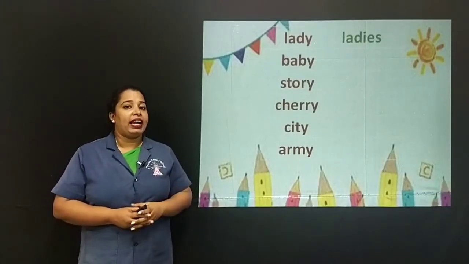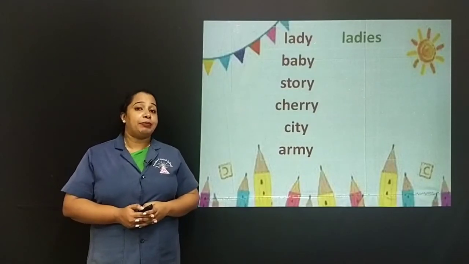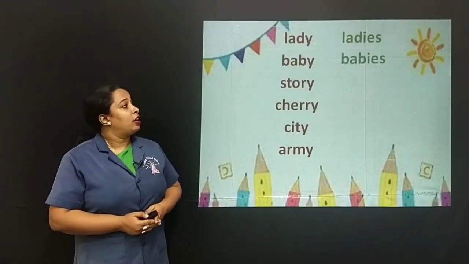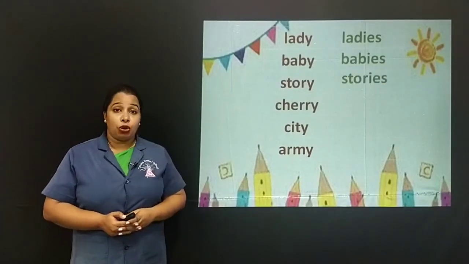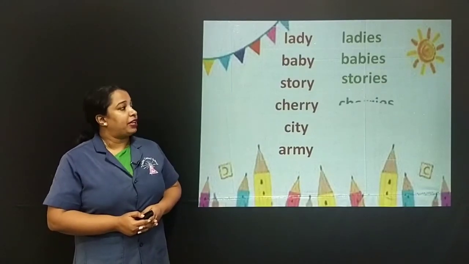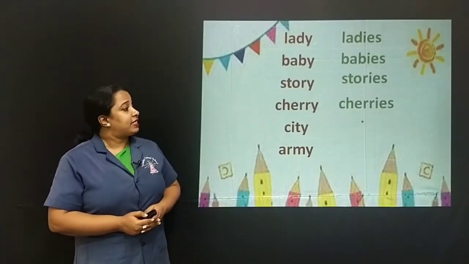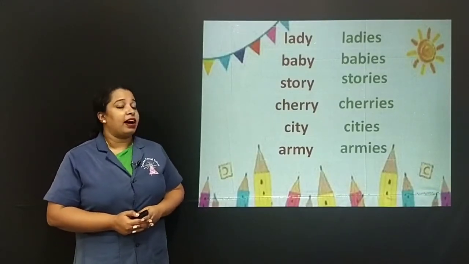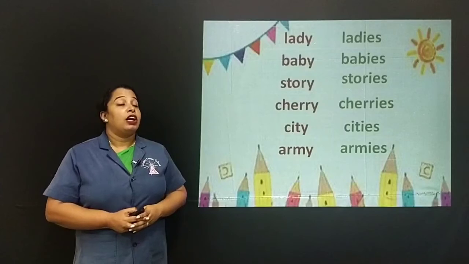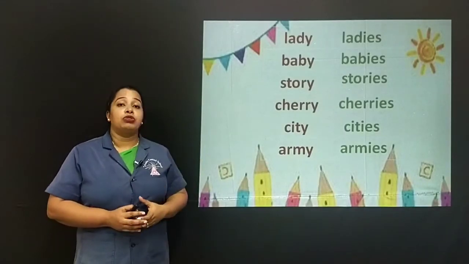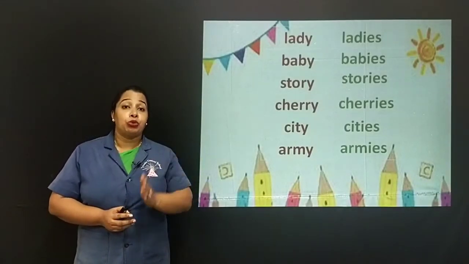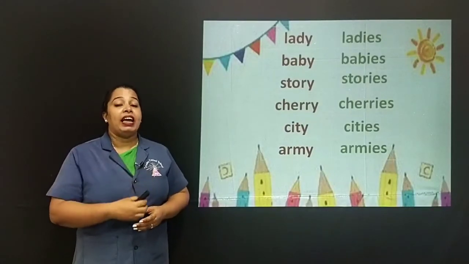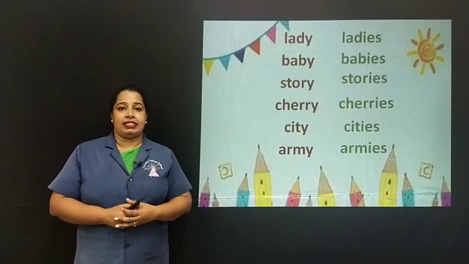I remove the Y and write IES. So lady becomes ladies, baby becomes babies, story becomes stories, cherry becomes cherries, city becomes cities and army becomes armies. Here what I have done, to make all the singular nouns which are ending with Y plural, I have made them plural by replacing the Y and adding IES.